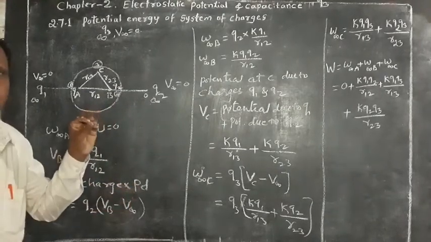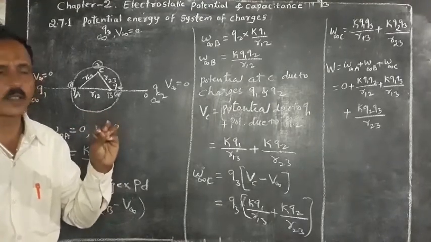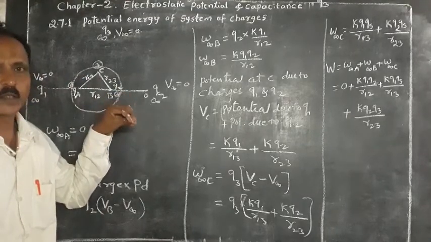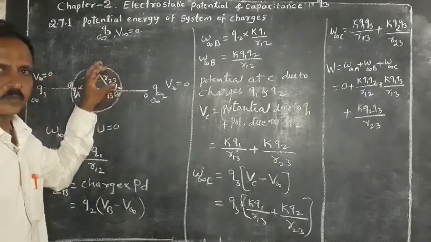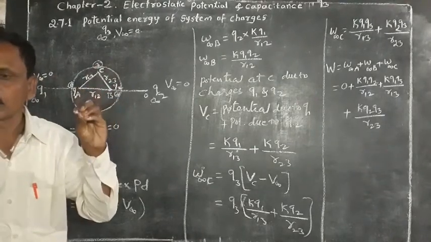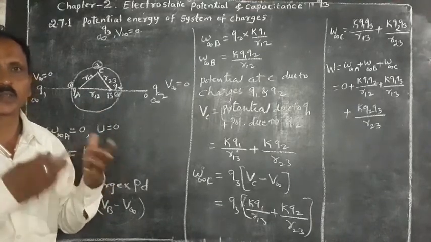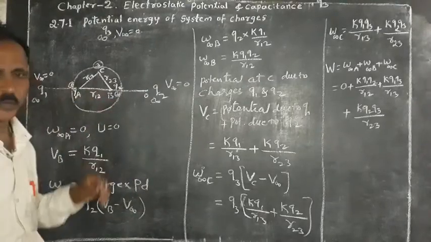Got it? What is potential energy? Electrostatic potential energy is the work done in moving a charge from infinity to that location. Potential energy is nothing but the work done in moving charges from infinity to that configuration.